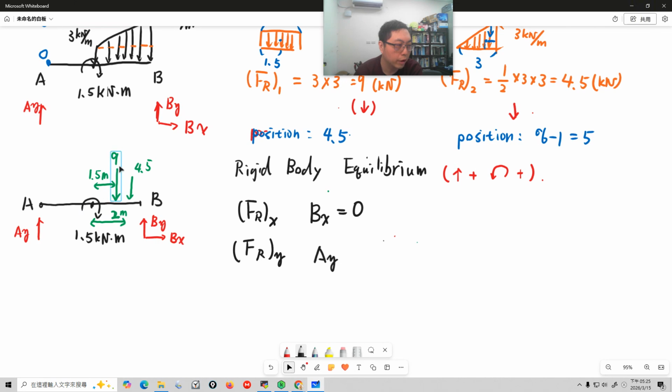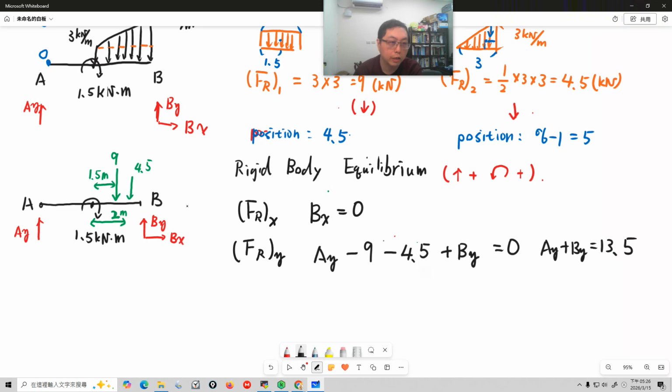The 9 kilonewton force points down, so it's negative 9. And the resultant force of 4.5 kilonewton points down, so also negative 4.5. And we have a reaction force By, which we assume is positive, pointing up. So from here you get Ay plus By is 13.5.